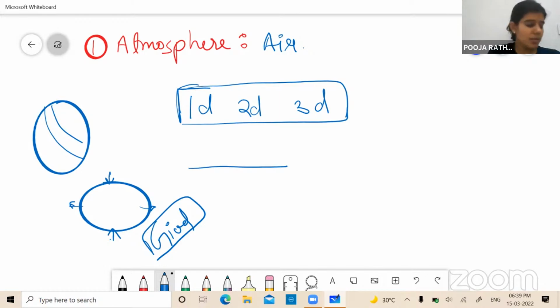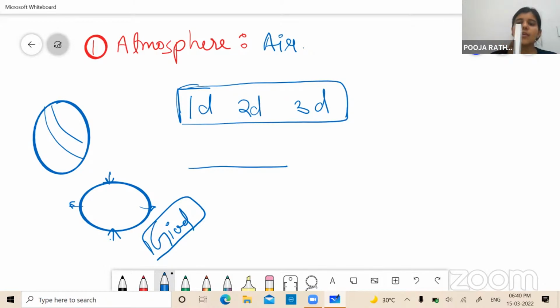Just take a box. Okay, this is a box. When it is placed like this in a particular almirah, only this front portion is visible to you. That is called 1D, a single dimension. Only you can see this one.